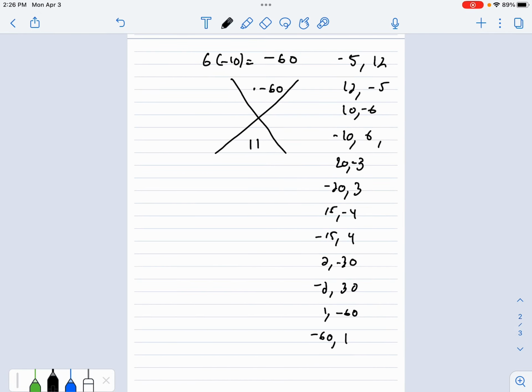So these are all the possibilities. Which one would work? Again, we're looking for two numbers that multiply to give you negative 60 and add up to give you 11. The only ones that do that are 15 and negative 4. So those are our numbers.